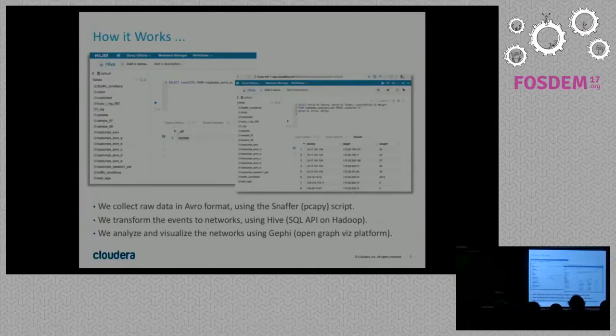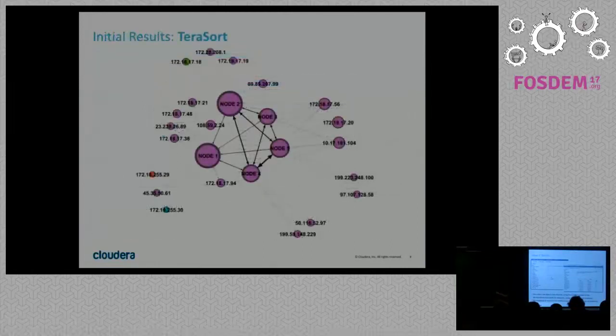Now we are migrating these workloads to Spark because then it's easier to register UDFs and makes our life easier. But currently it's in Hive. And we also use Gephi, this open graph visualization platform, for the visualization layer. So let's have some initial results to give you some idea of what we have managed to capture.